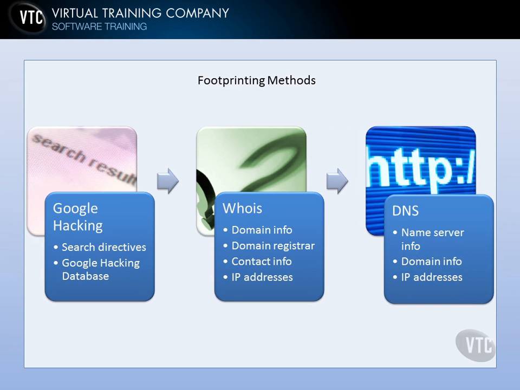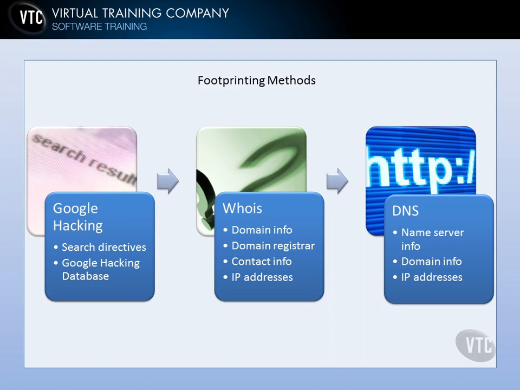Another method is Google hacking, and Google hacking is the topic of an entire chapter coming up that we'll discuss. Basically you use search directives, advanced search directives, and the Google hacking database to get particular information about an organization's infrastructure.